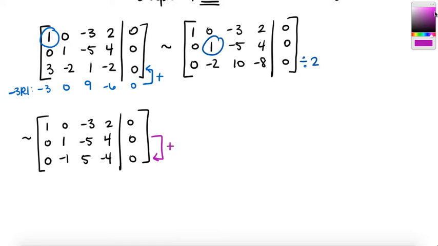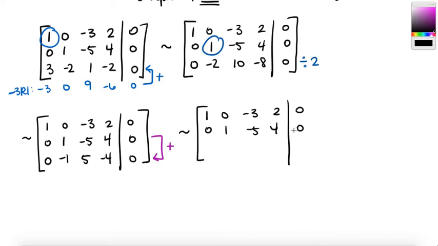So we're going to add those together, and we can see that what happens when we add those together is this whole bottom row zeroes out, because all of these entries add to 0. Then we have to check, are we in reduced echelon form?